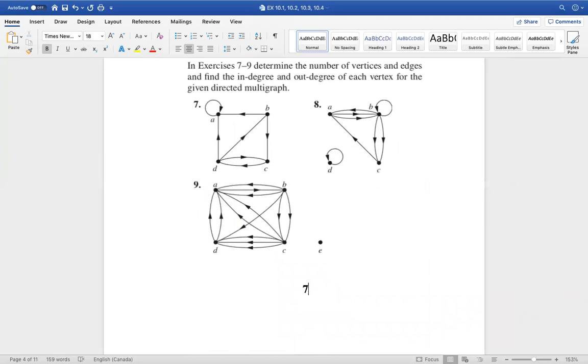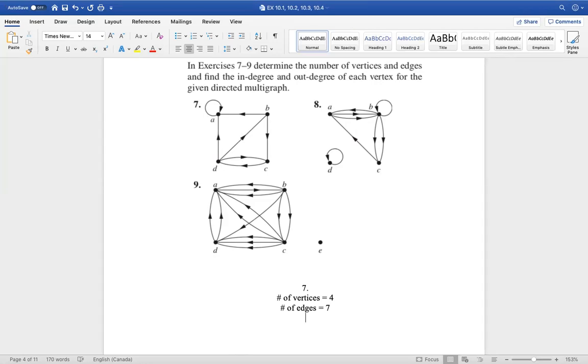So for question number 7, the number of vertices, we already know. So 1, 2, 3, 4, the number of vertices are 4. Number of edges, we have 1, 2, 3, 4, 5, 6, 7. It doesn't matter whether it's an inward edge or an outward edge, so we're just counting them. So the number of edges are 7.